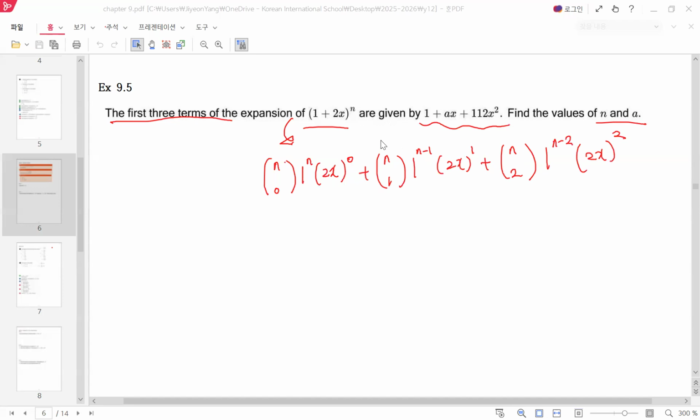And then 1 to the power of n is just 1. Since we are learning combination, I am going to use combination notation. What is 2x to the power of 0, students? 1, thank you, plus n combination 1 and then 2x, plus n combination 2 and then 2x squared.